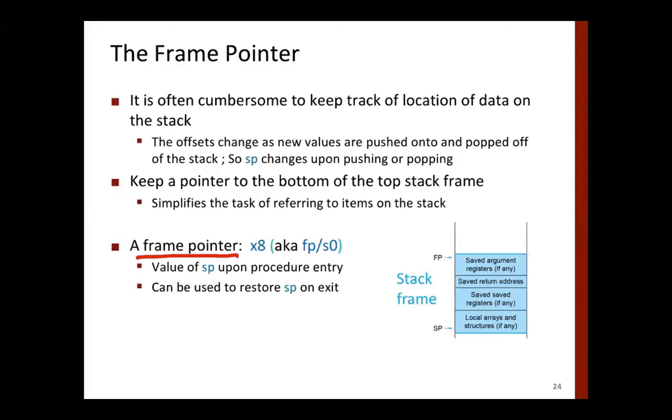So the S0 register out of the 32 is reserved for the frame pointer. Yes. But when we were writing code for our assignment, I used S0 for calculations also. Yeah, that's okay. You can use it. But then aren't we essentially overwriting the frame pointer? Yeah, so you will have to make sure that you don't use it if the frame pointer is to be used in your program.